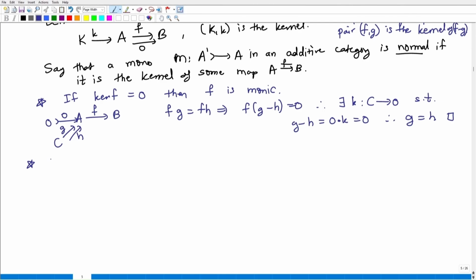So this is something I already said, that suppose A is pre-additive, with kernels and co-kernels.